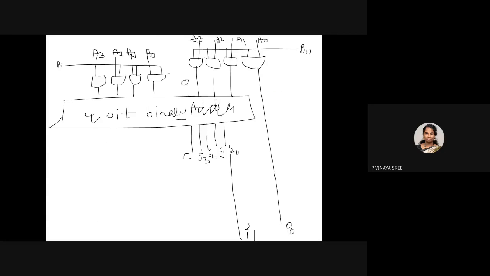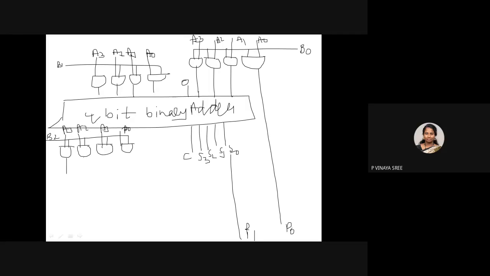So what I need to do? I need to consider again 4 and 4 AND gates, and in that, which one is common? B2. B2 is common. So this has to be connected to one operand, and the other operand is A0, A1, A2, A3.